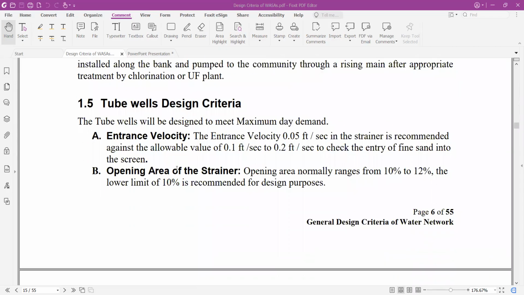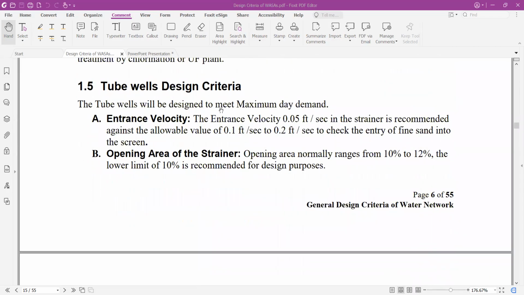Okay, in order to design the tube wells, the entrance velocity should not be greater than 0.05 feet per second, because if the velocity is greater, the sand and other particles move through the pipes and cause blockage of pipes. If the quantity of that sand increases day by day, it causes blockage of pipes and increases the pressure in that pipe and may cause the bursting of pipe.